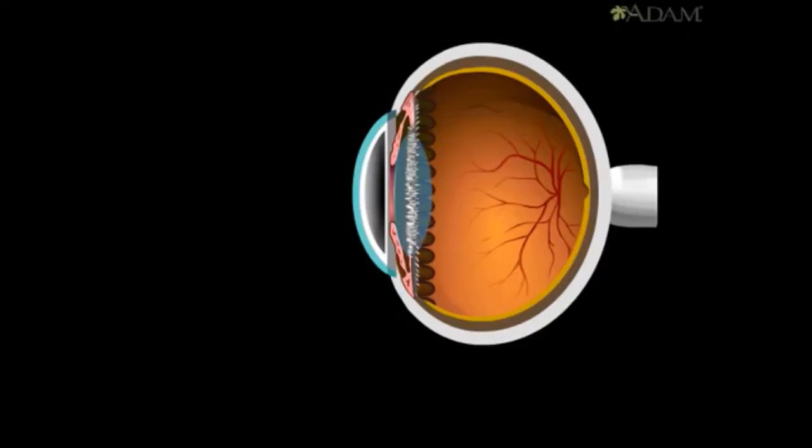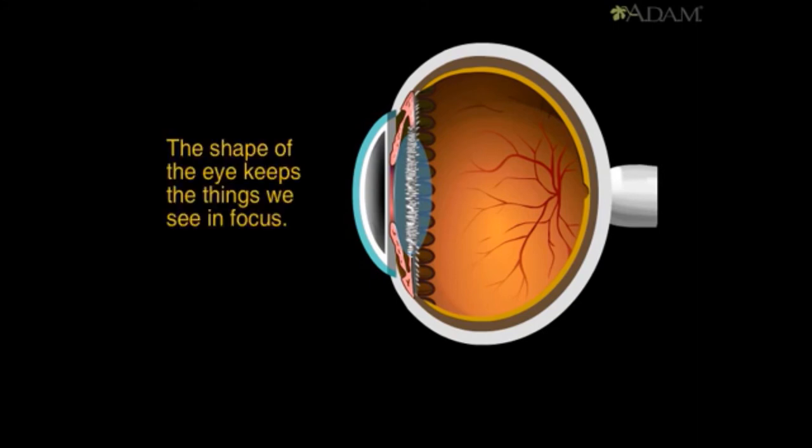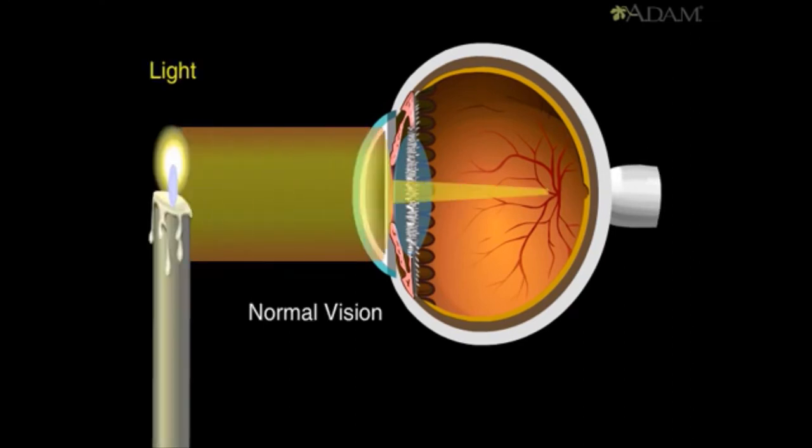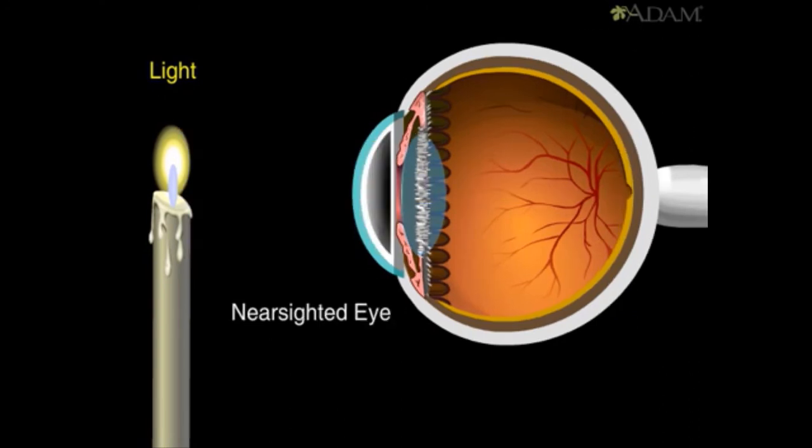Now let's consider two common conditions that cause blurry vision. The eye's shape is important for keeping things in focus. With normal vision, light focuses precisely on the retina at a location called the focal point. But what happens if the eye is longer than normal?